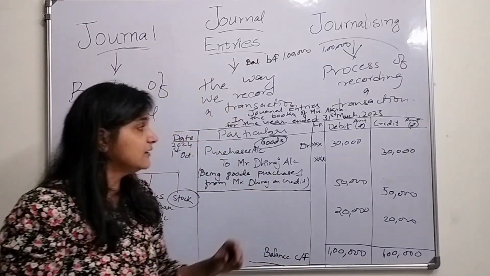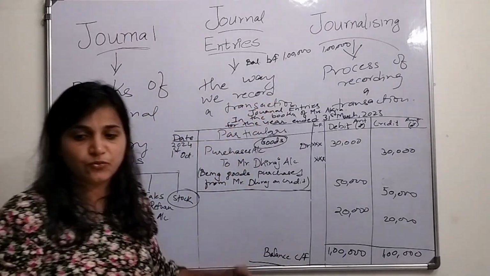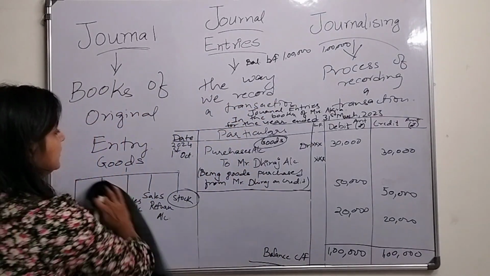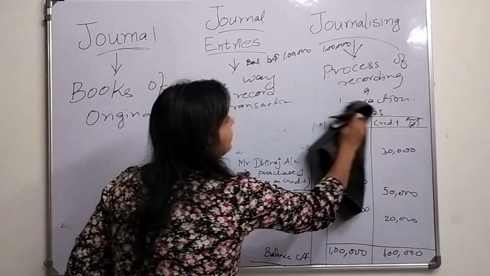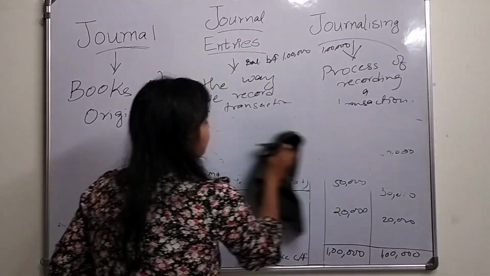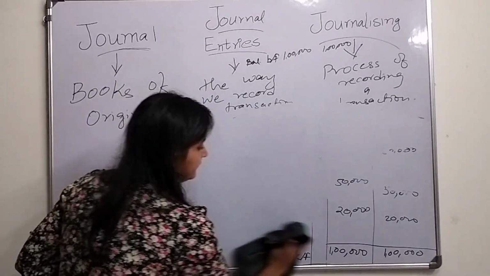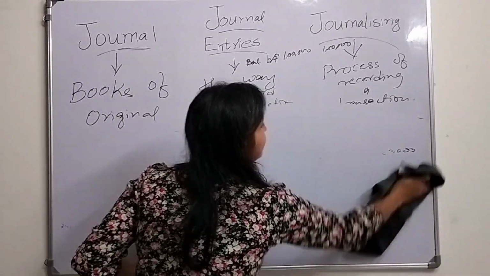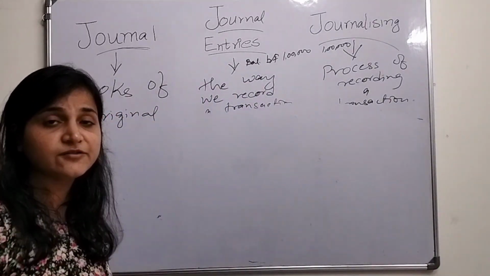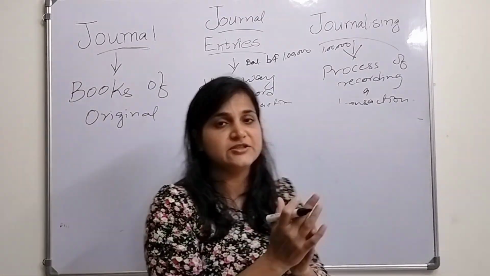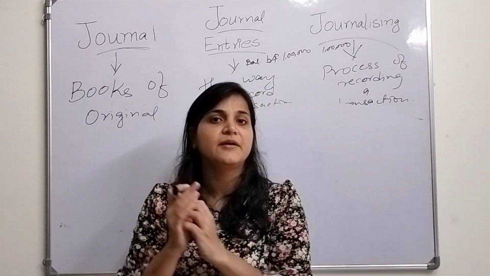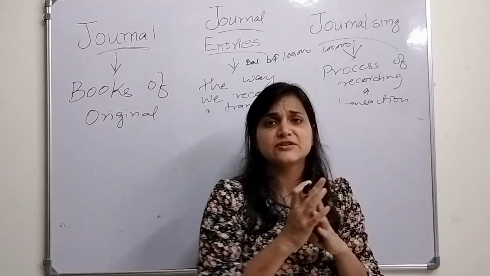Okay. Another thing I want to tell you, this is what the journal book consists of. Now, there are numerous transactions that are happening. Like I am purchasing from Mr. Dheeraj, I am purchasing from Mr. Aman, I am purchasing from Mr. Kishore.